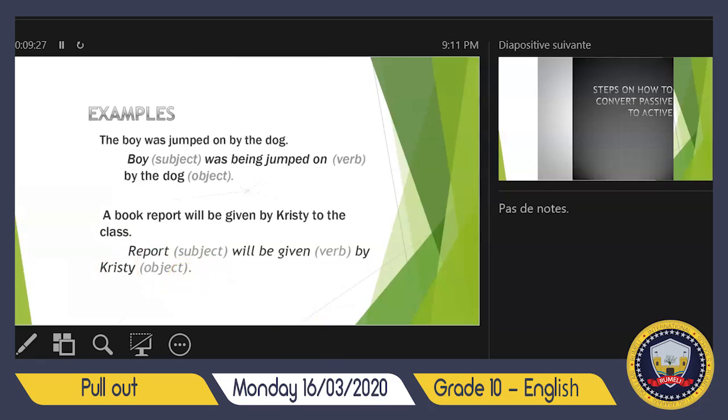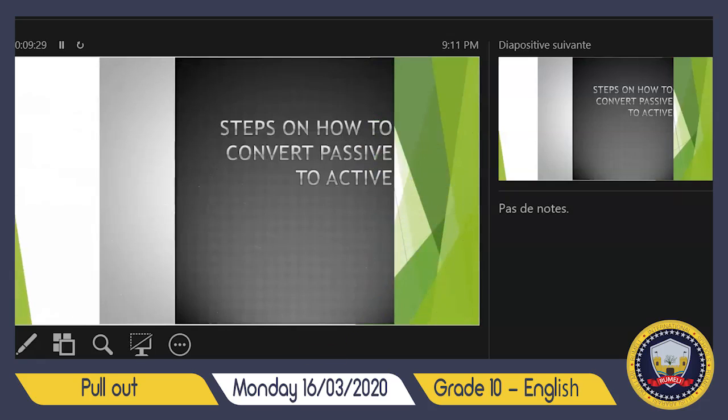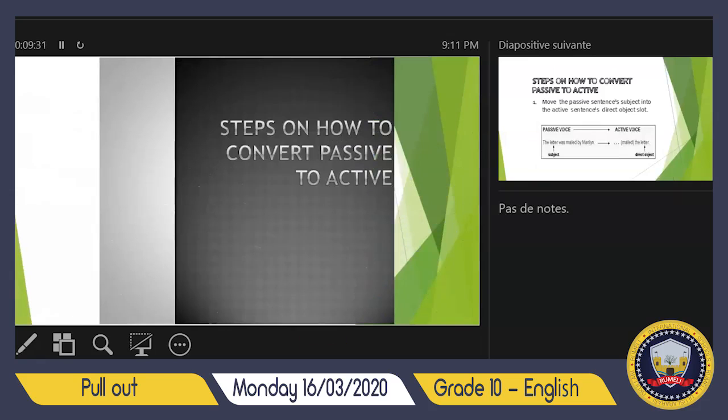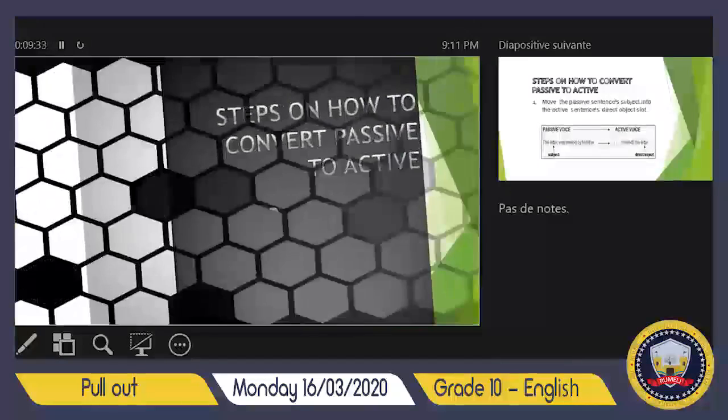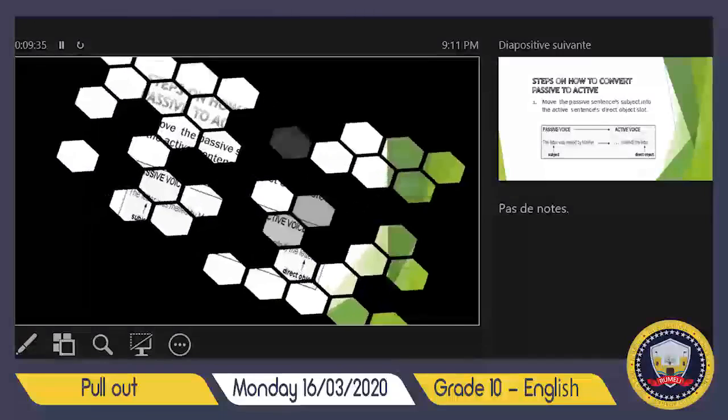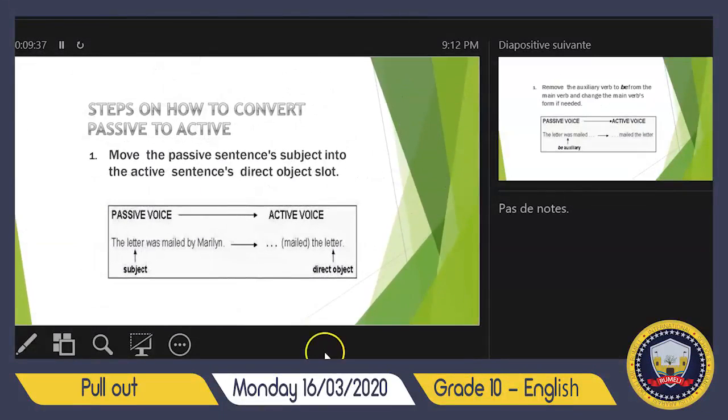Okay? Now, how can we convert a passive sentence to active? Here we have one example to make you understand this. Move the passive sentence's subject into the active sentence direct object slot. Okay? Now, look at this example. The letter was mailed by Marilyn. Okay?